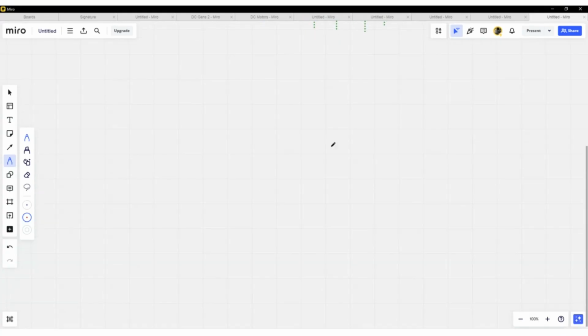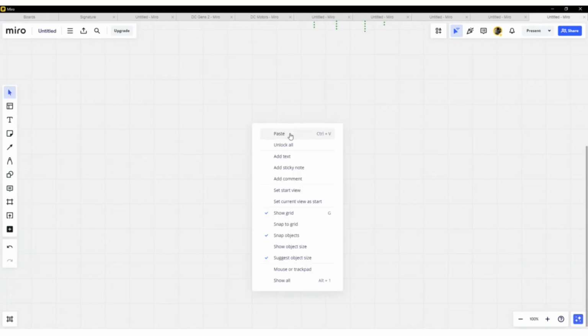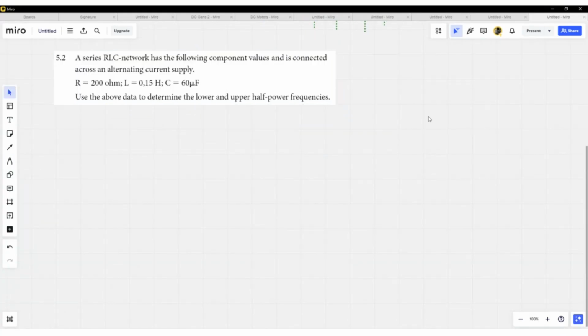Let me copy this in. We're given a series RLC network with the following component values, connected across an alternating current supply: resistance of 200 ohms, an inductance of 0.15 henries, and a capacitance of 60 microfarad.